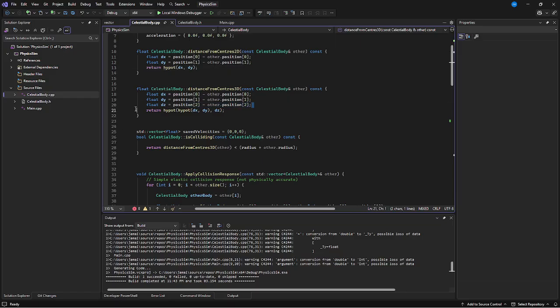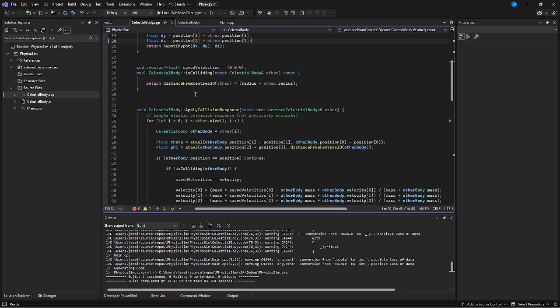And then basically the same thing, just in the third dimension, is colliding. This is really simple too. If you see here, it returns the distance. All this is doing is, if the distance between centers, between you and this other body, is less than your combined radius, then you must be touching, right?